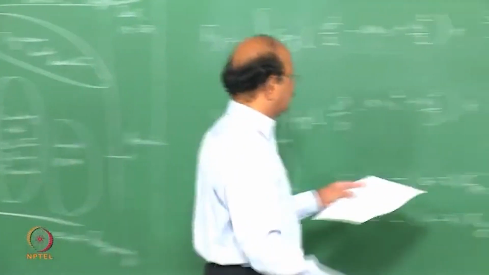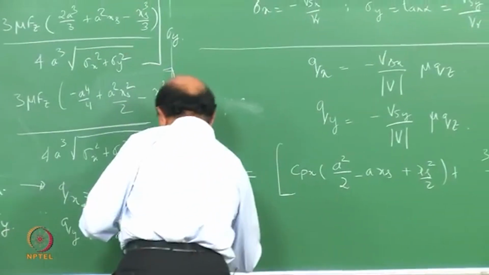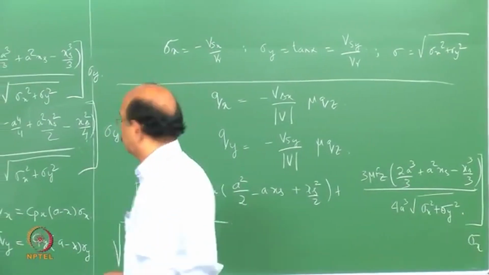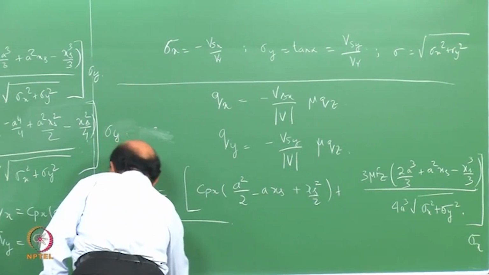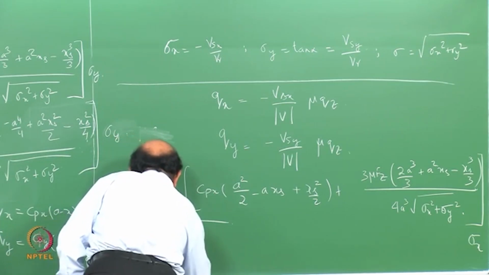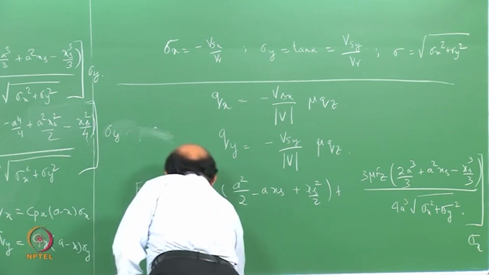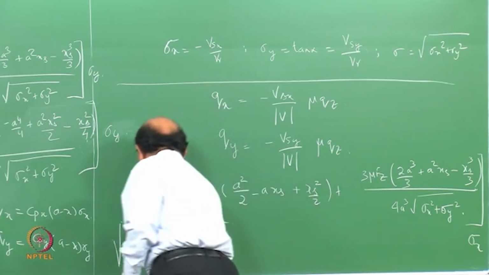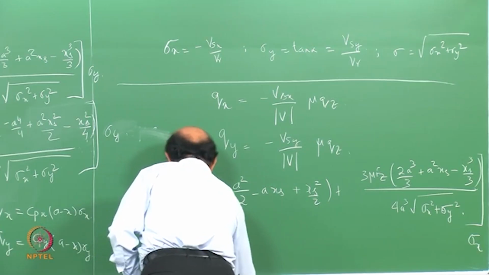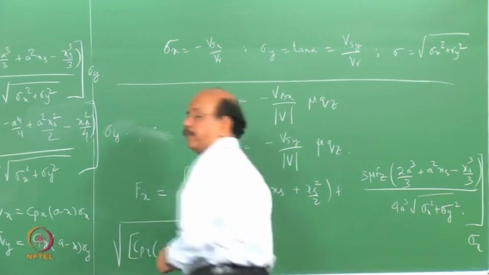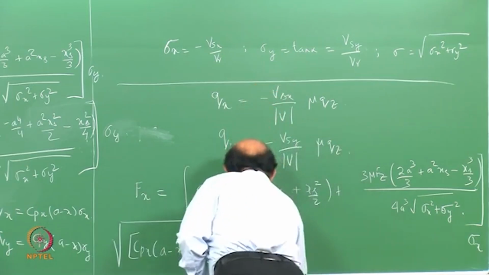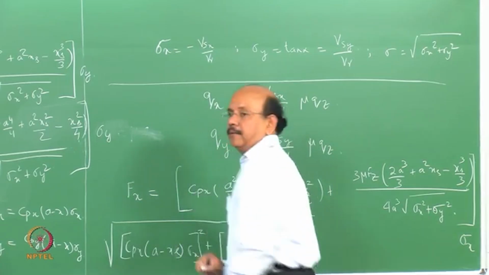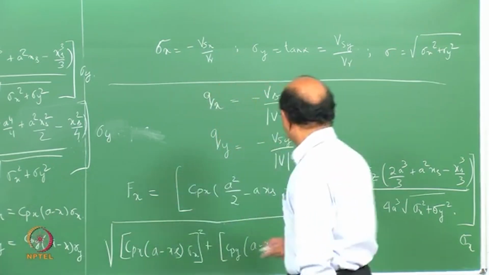So the sliding distance xs is determined by the root of [Cpx into (a minus xs) into sigma x] squared, because Qx squared, plus [Cpy into (a minus xs) into sigma y] squared, equals mu into Qz.